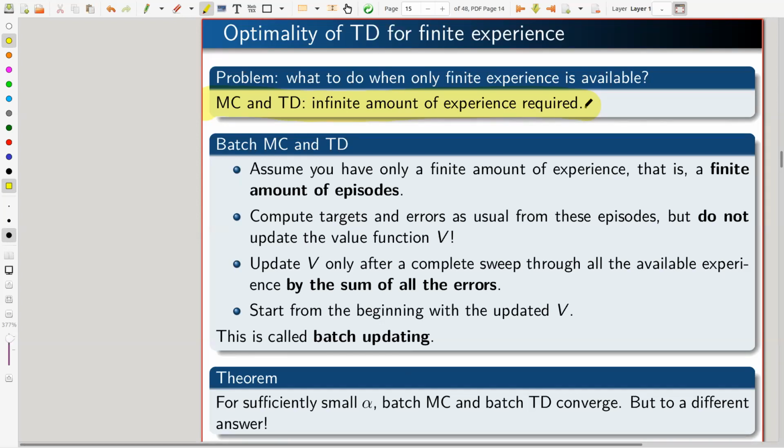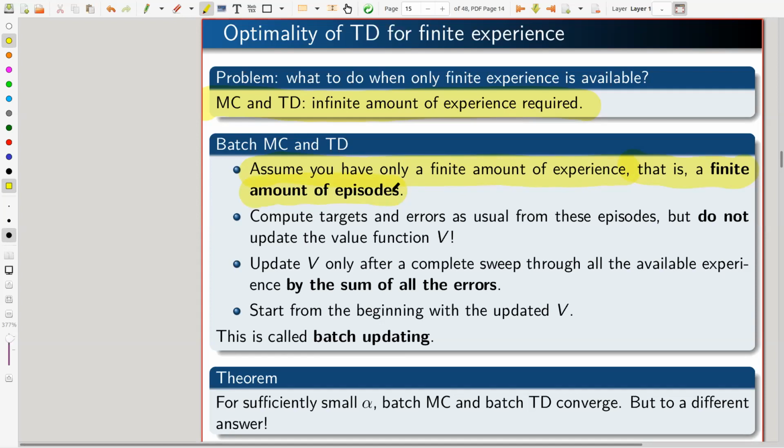So assume now that you only have a finite amount of experience, a finite amount of episodes already done. That means you can't apply your policy to do these episodes. You just have these episodes and you know what happened in certain situations.